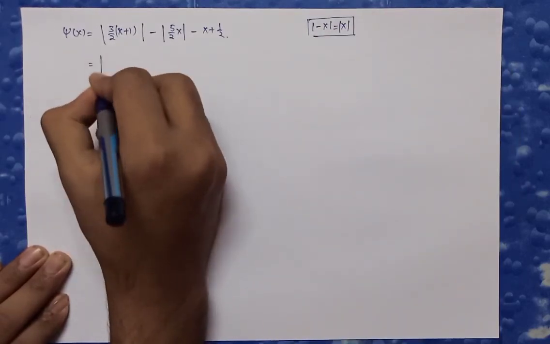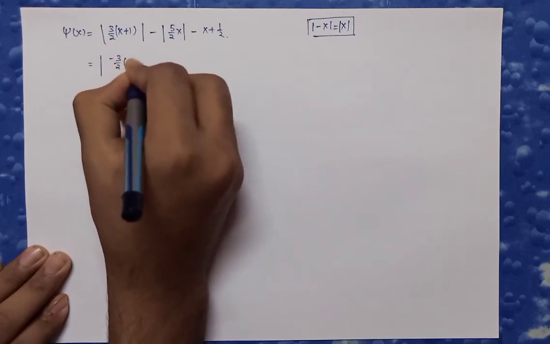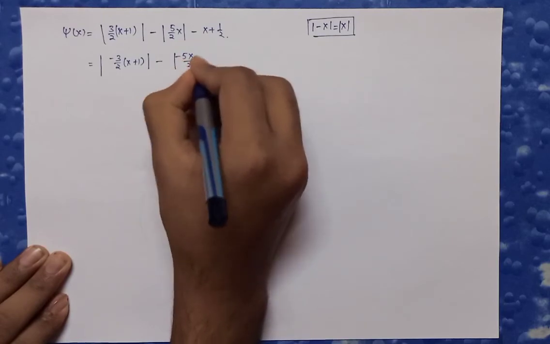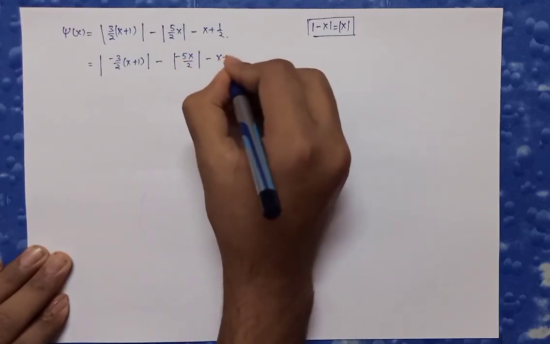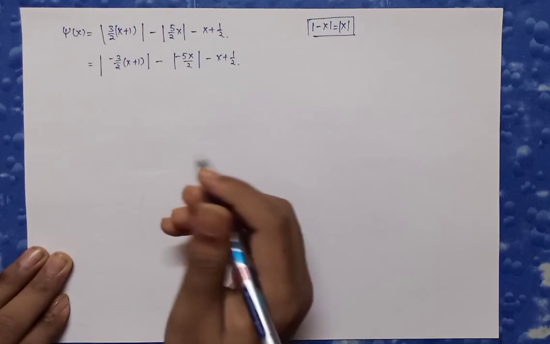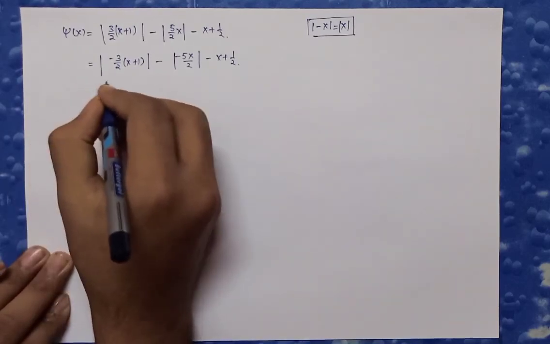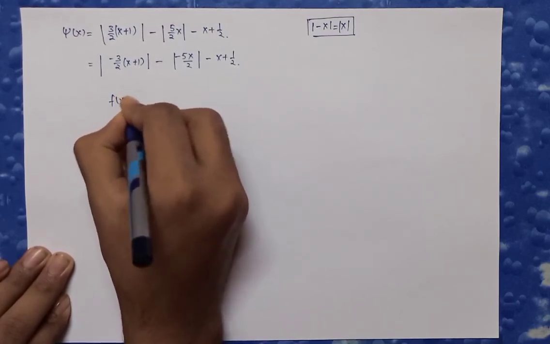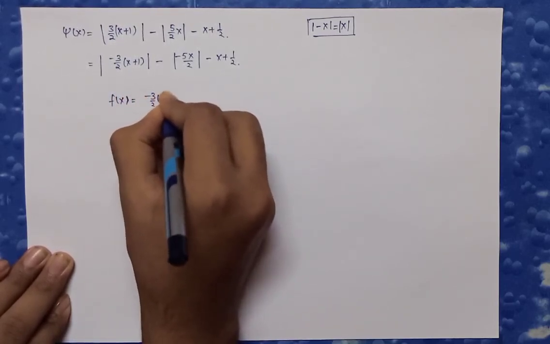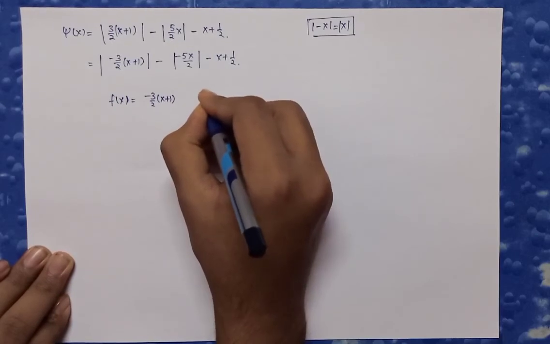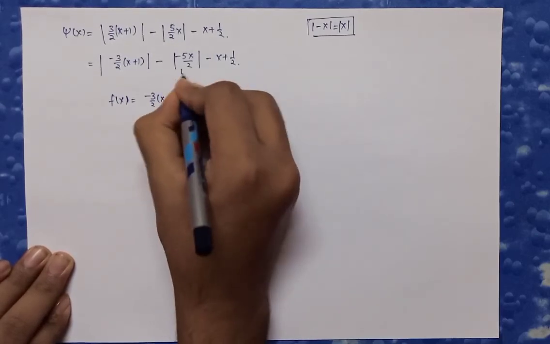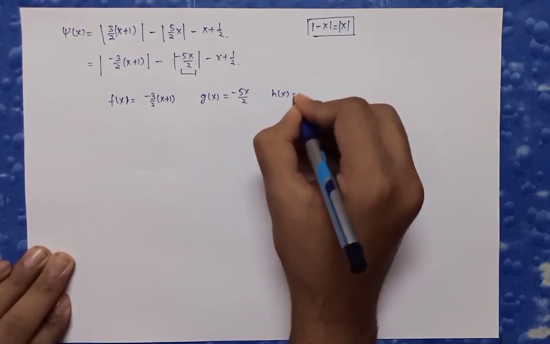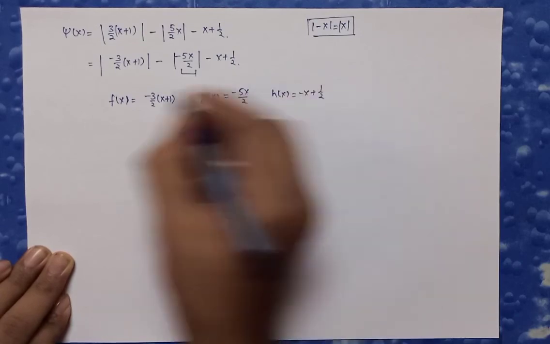I can also write it as mod of minus 3 by 2 x plus 1, mod of minus 5x by 2, mod of minus x plus half. Like this also I can write it. Now by comparing from here, I get that fx equals minus 3 by 2 x plus 1, and gx, which is this part, equals minus 5x by 2, and hx will be minus x plus half.